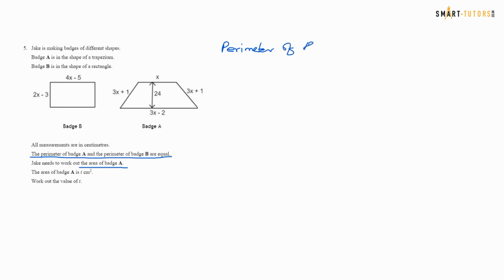So perimeter of the rectangle equals 2 times 4x minus 5 plus 2 times 2x minus 3. If you expand the brackets, 8x minus 10 plus 4x minus 6.